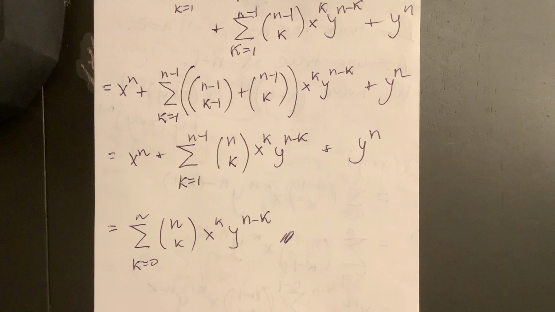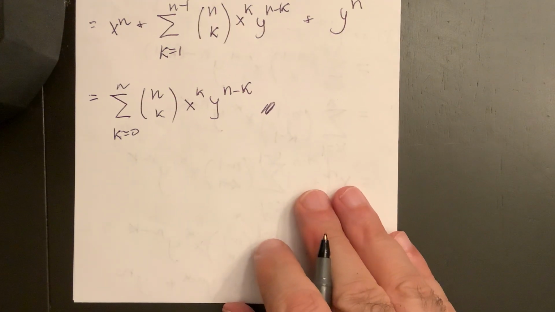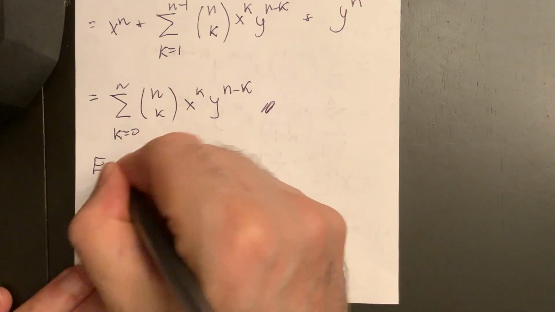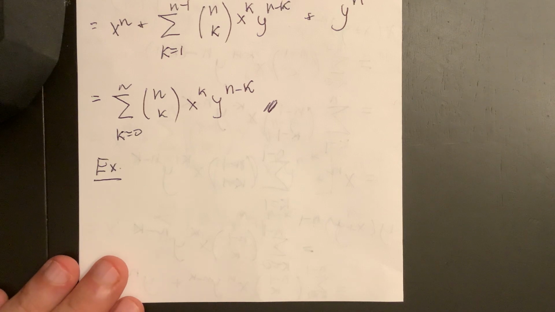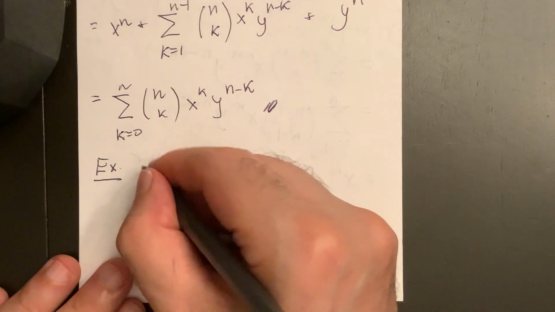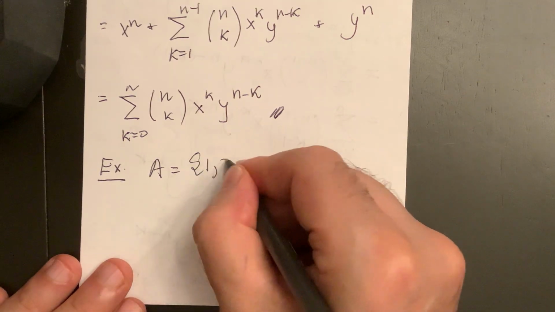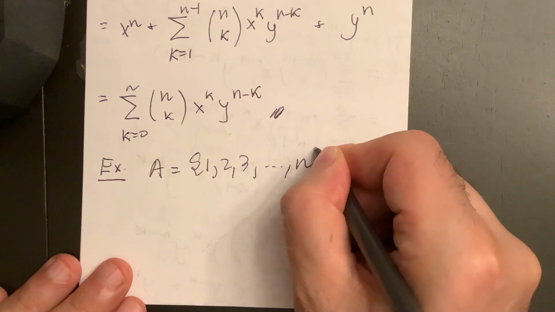Let's do an example. I have a little time. So here's an example. Well, we already have the one with the binomial, so let's do another one. Let's let A equal the set of integers 1, 2, 3, up to n.